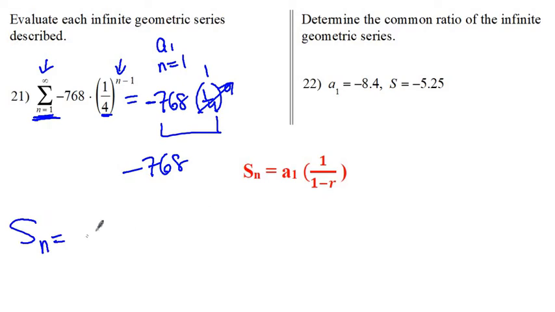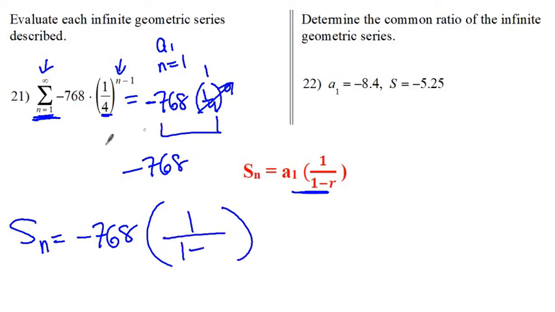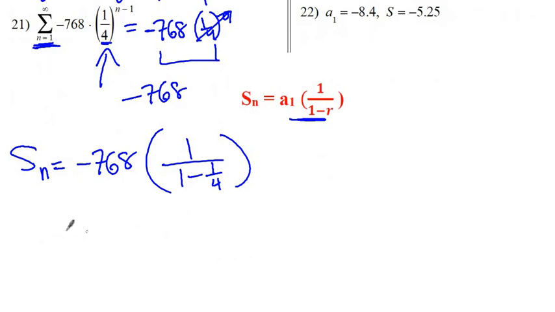It's going to be the first term, and we're using, again, this one right here, and then times 1 over 1 minus r, which is that. R is the number that you're raising to the power. So 1 minus 1/4. And then from there, all we have to do is simplify this. So we have negative 768 times 1 over 1 minus 1/4, which is 3/4.